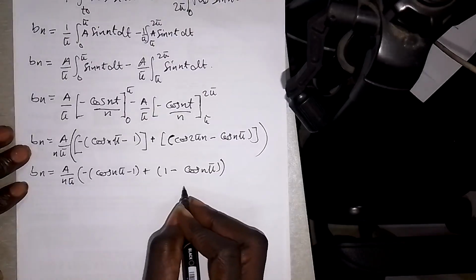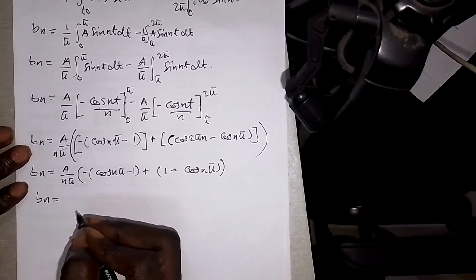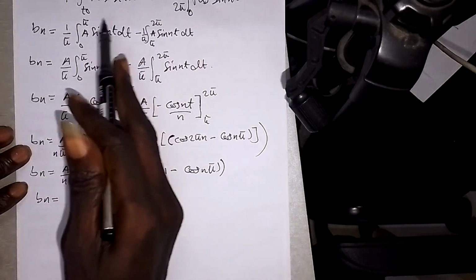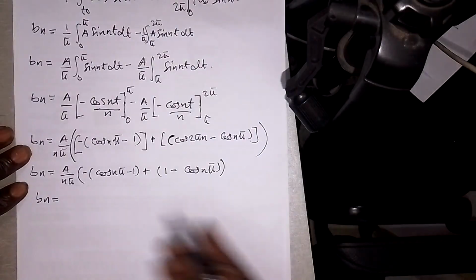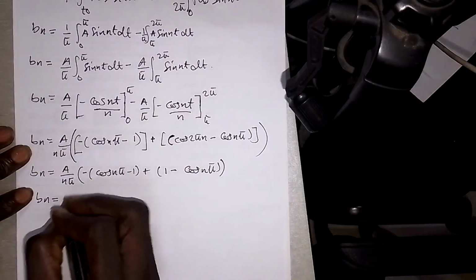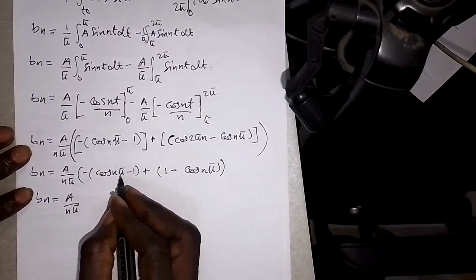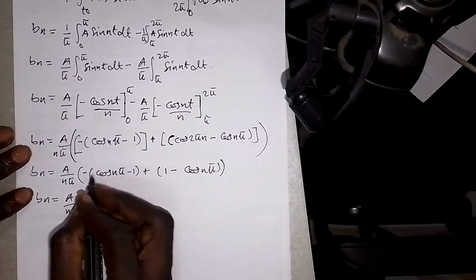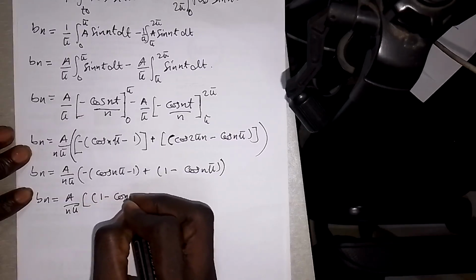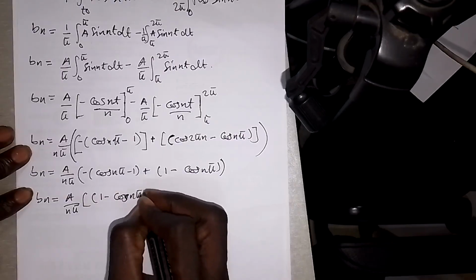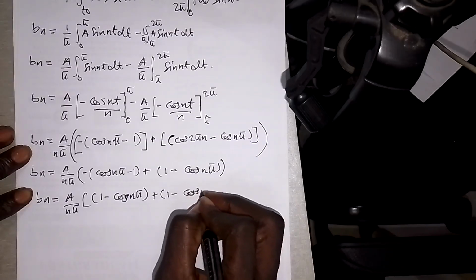Now I'm going to have Bn equals to, wait, let me check if we did everything rightly. Okay, I think things are quite alright. So here we have A over n pi into, if you multiply through by this minus 1, 1 minus cos n pi, and then plus 1 minus cos n pi.